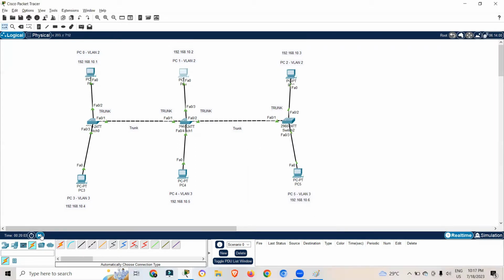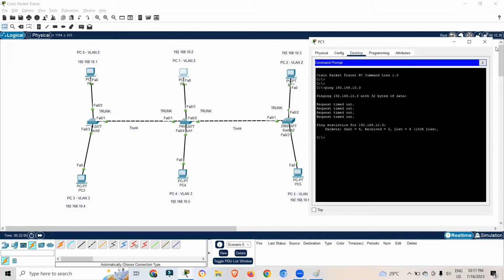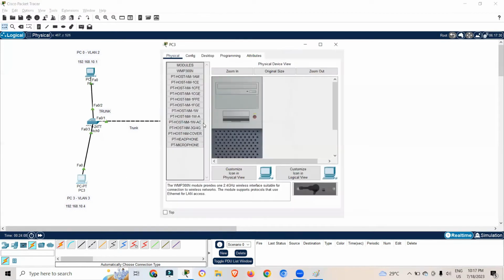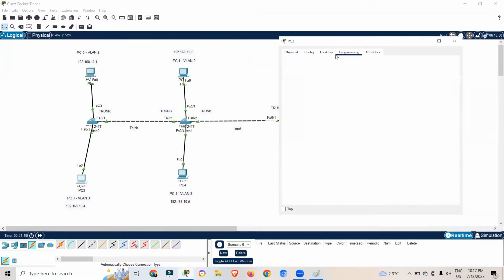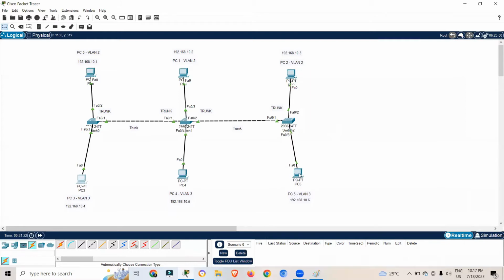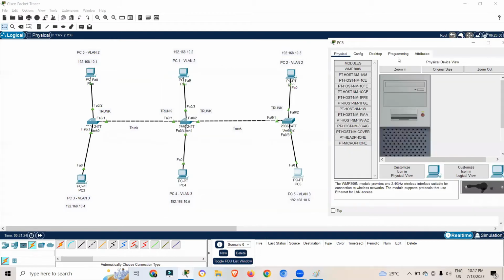Let me fast forward this, and I will also try to ping this one. So these are not pinging. Ping 192.168.10.5. So this is not pinging again. And let me try to ping this one also.